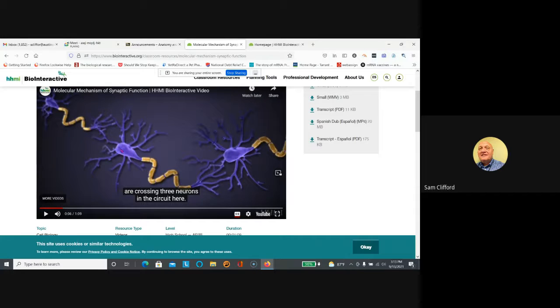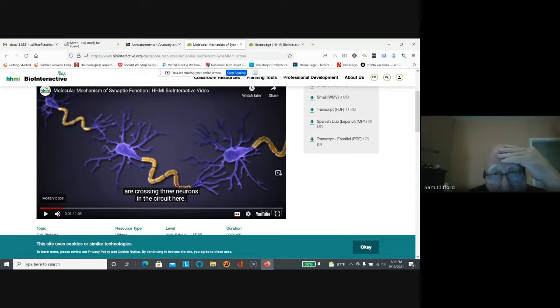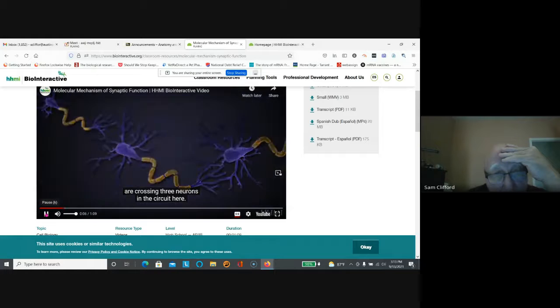So the release of a neurotransmitter causes changes at the synapse. The synapse is the junction between these axon terminals and these dendrites. So let's keep watching.